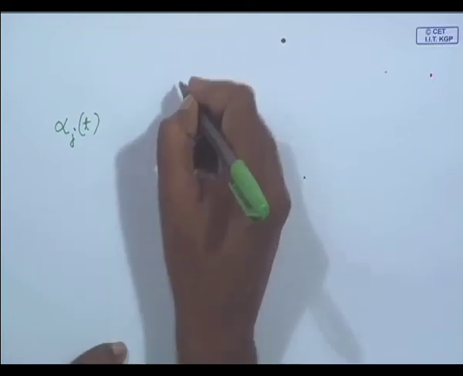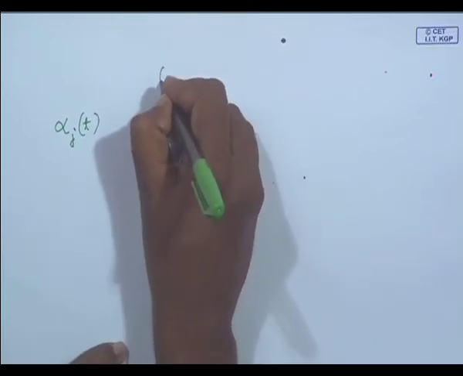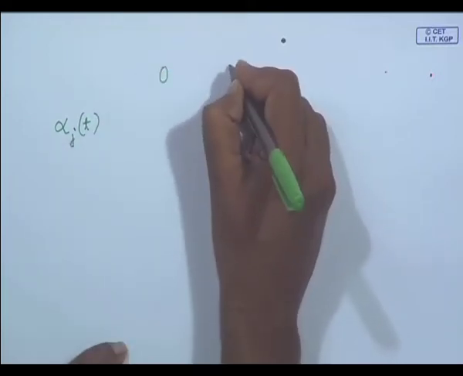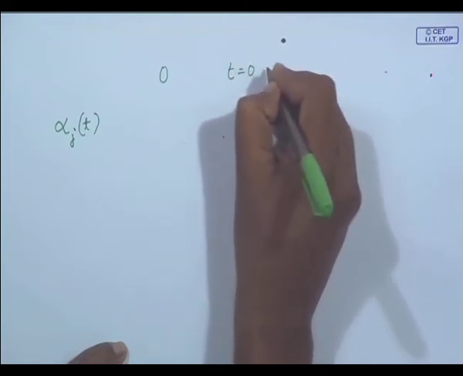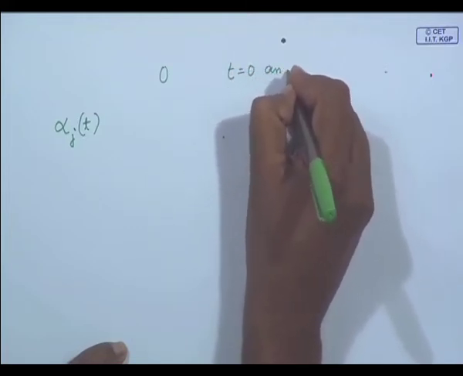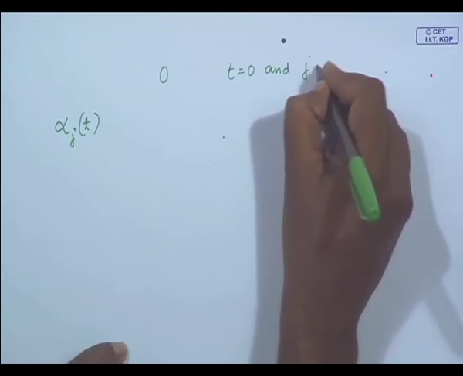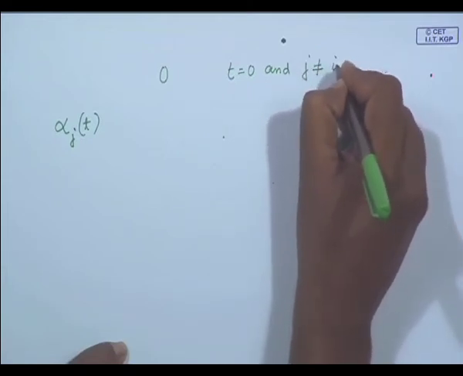So, that is this alpha j(t), and we can define that this alpha j(t) will be equal to 0 if t equals 0 and j is not an initial state.